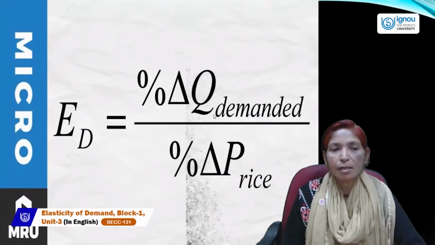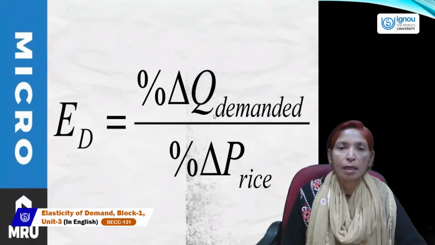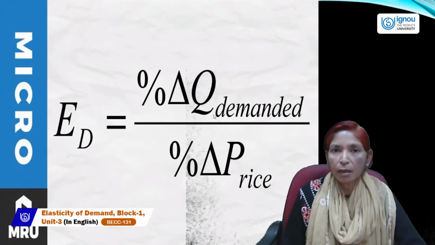Its other formula is ED. E is elasticity, D means demand.